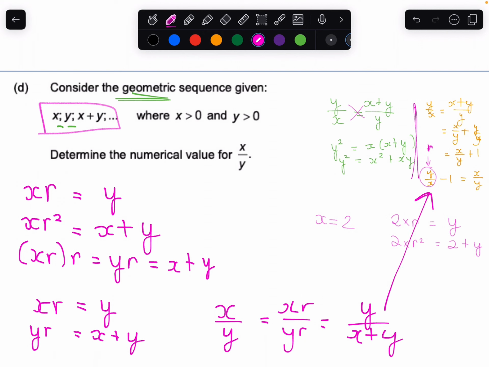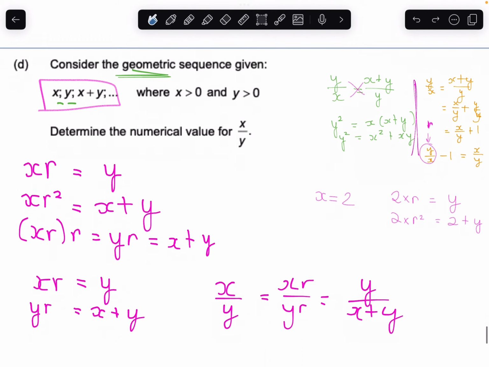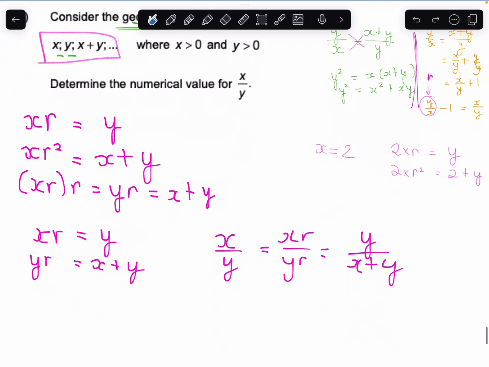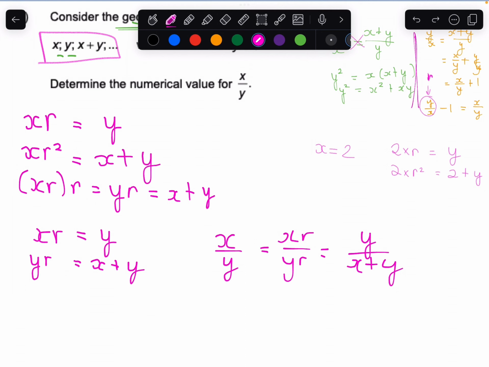These are the same. I mean, they have to be. Does that take us anywhere at all?